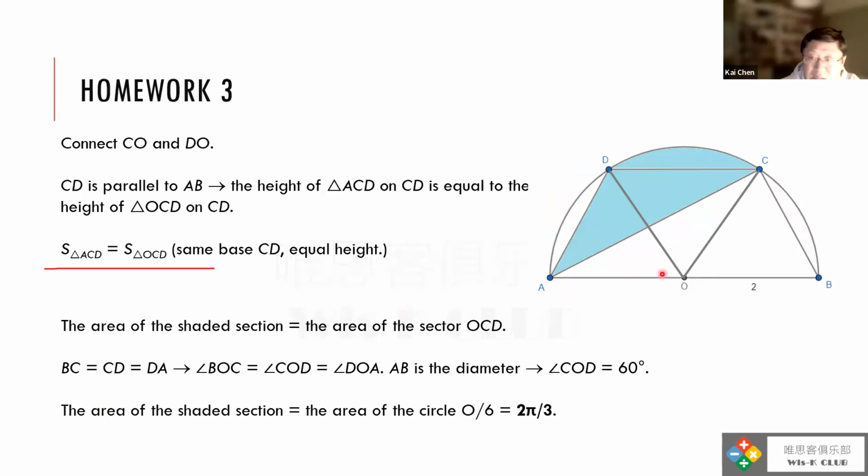So actually it's the sector of the OCD, the same region above CD and the equal area of the OCD. And then immediately this angle is 60 degrees, so it's 1/6 of a whole circle. Yeah.